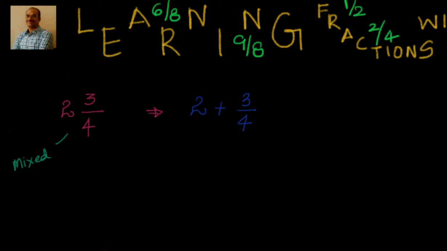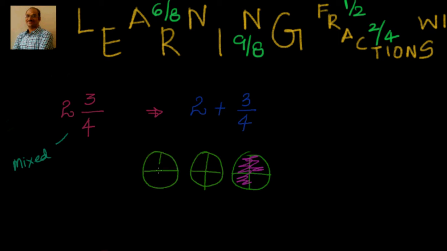That means I have, let us say, one circle divided into 4 parts, of which I am taking only 3 parts, and there are 2 more circles which I am taking completely, which are divided into 4 parts.